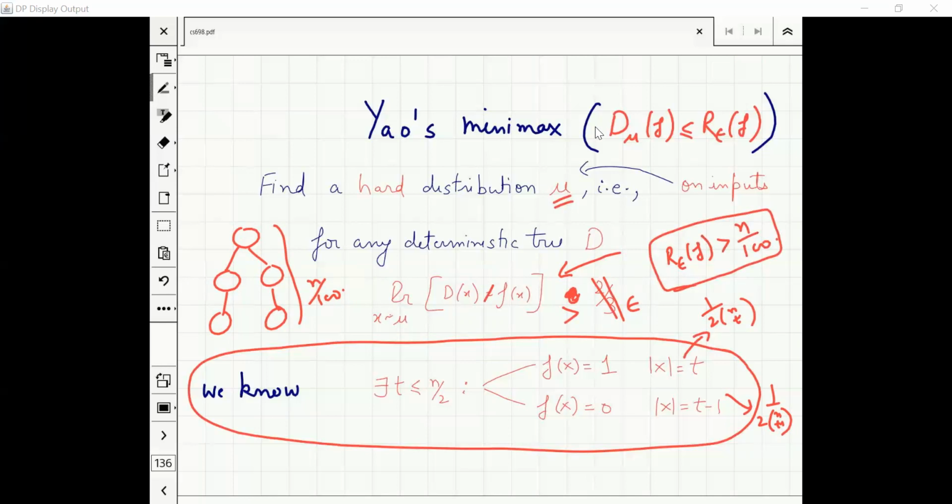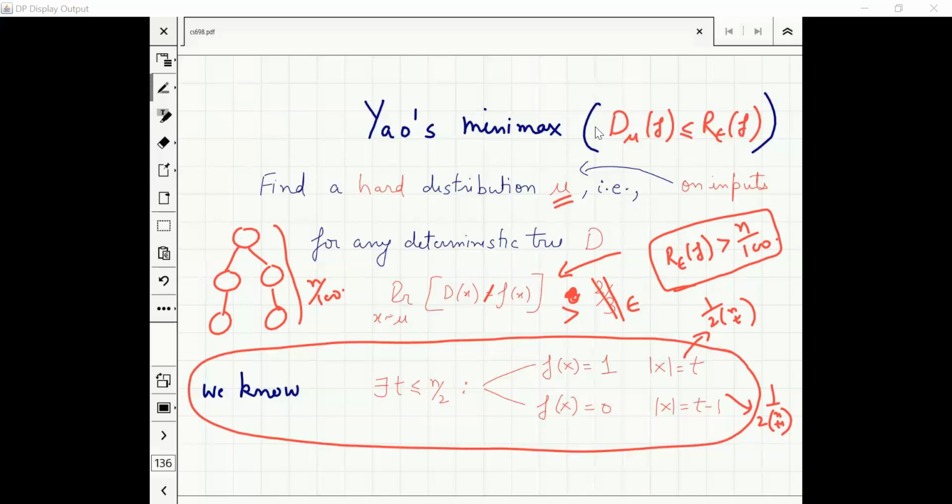This is the statement I want to show. Once more, given any deterministic tree of depth at most n by 100, I have to show that the failure probability is greater than epsilon.